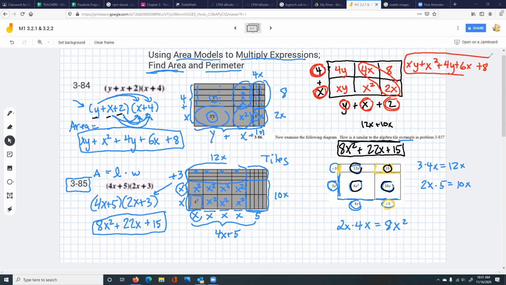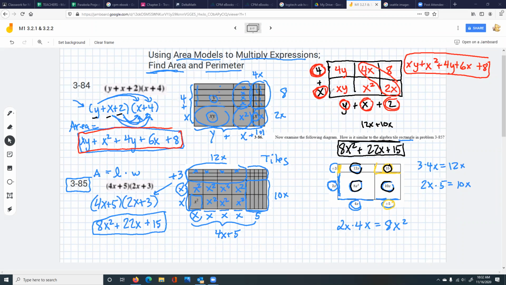So I used this generic rectangle to get the same answer that we got over here. If the terms are in a different order, that's okay. I happen to put them in the same order here. As long as all 5 terms are there, then it is okay. Okay, so that is how we use generic rectangles to multiply a trinomial times a binomial.